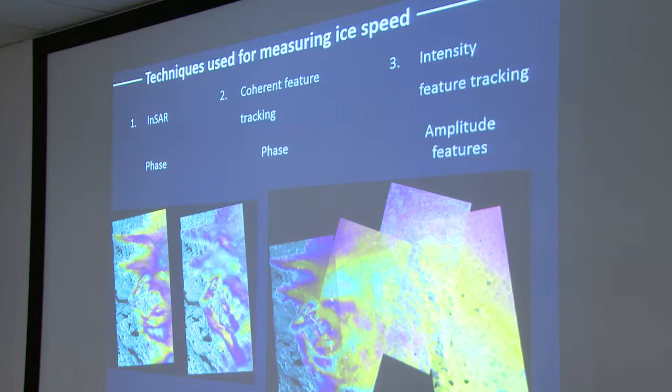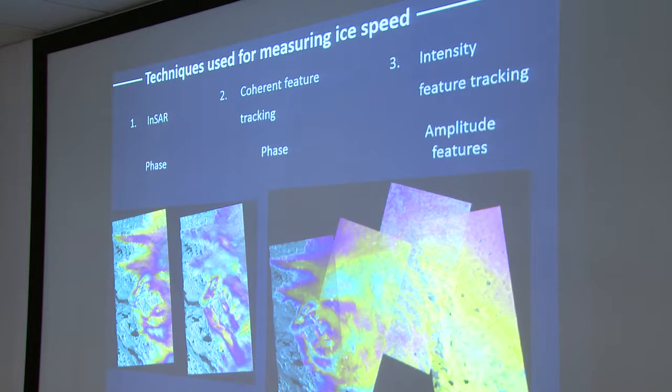The advantage of intensity feature tracking over the coherent techniques, which depend on having phase, is that you can track motion over a longer temporal baseline, so maybe you can still get a bit of a result out of 35 and 40-day image pairs. But again, at a certain point this stops being useful, because too much change has occurred within the intervening time period.